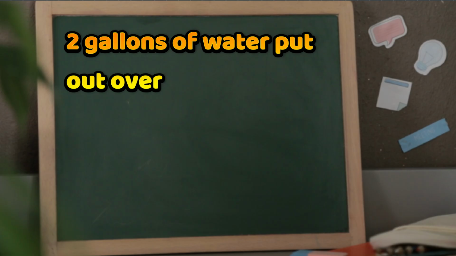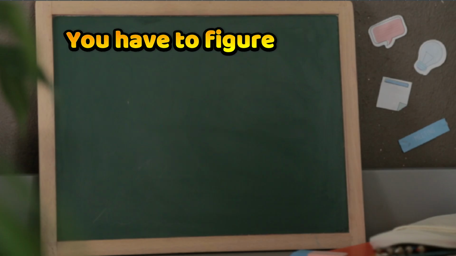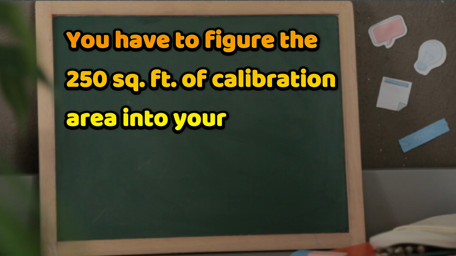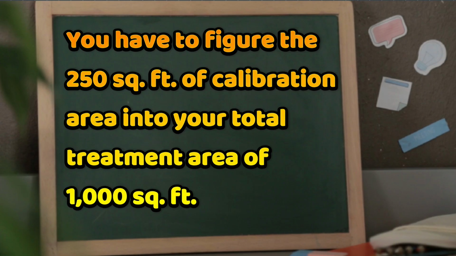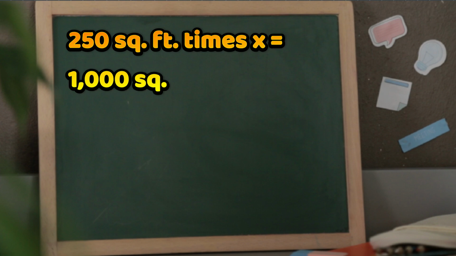One last time, that 2 gallons of water was put out over 250 square feet. Now, we understand our application area measures 1,000 square feet. Now we need to understand that 250 square feet of calibration area has to be figured into our total treatment area of 1,000 square feet. So keep in mind, it could be a simple problem like this: 250 square feet times X equals 1,000 square feet.